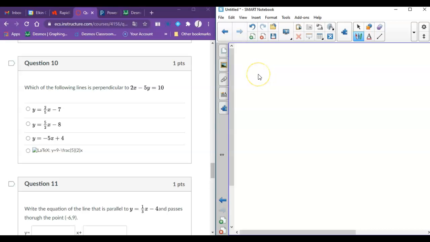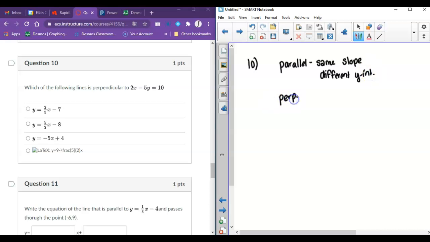It says, which of the following lines is perpendicular to 2x minus 5y equals 10? If we remind ourselves about parallel and perpendicular lines, parallel lines have the same slope, different y-intercepts.